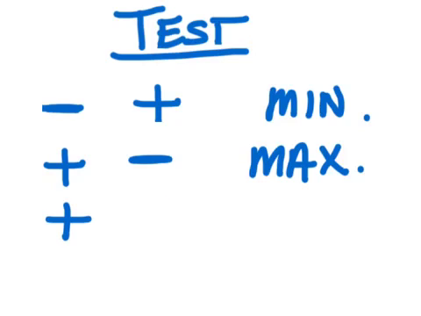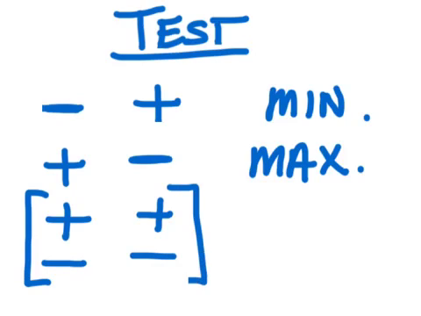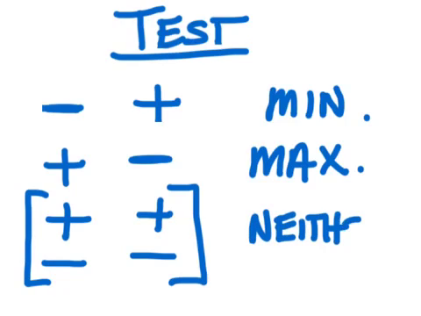If you started with a positive and ended with a positive, or you started with a negative and ended with a negative, notice that I have bracketed those off together, then yours will be neither a maximum nor a minimum. And when you go to look at the graph itself, like we did on the previous screen, more times than not you can figure out it's a point of inflection. Here's an example of a point of inflection.